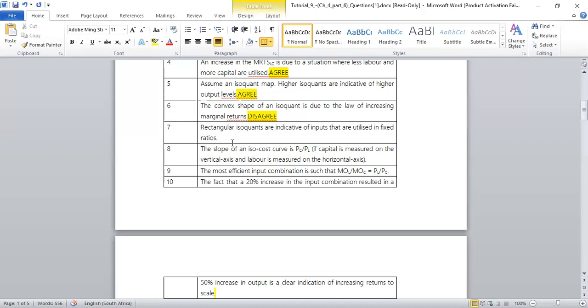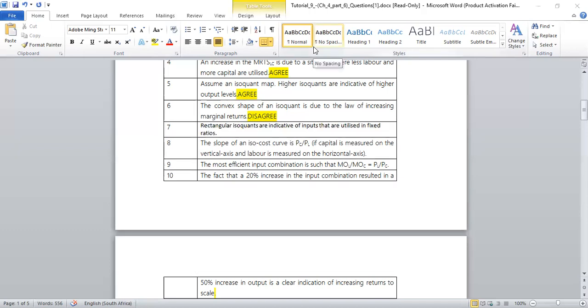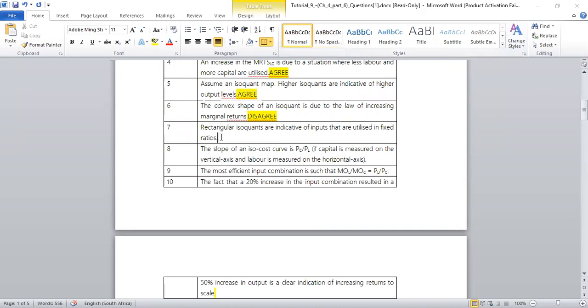Then, when production requires a fixed input ratio, an example of a fixed input ratio maybe includes rent. So in fixed input ratio, the isoquant will be rectangular. So you have to know this theory. So number 7, it's agree. Again, guys, if you don't understand, feel free to ask. I'm here for you. So let's go on to number 8.